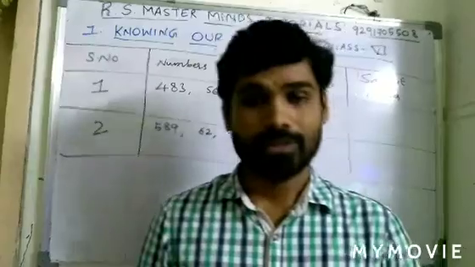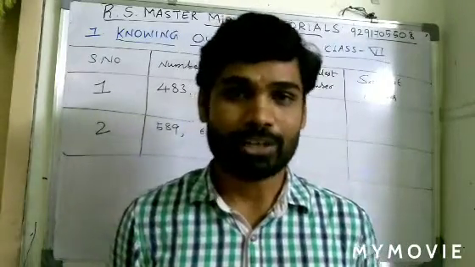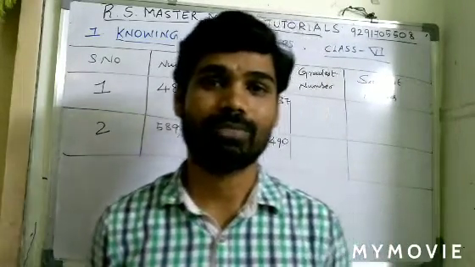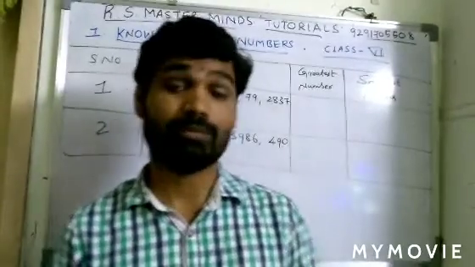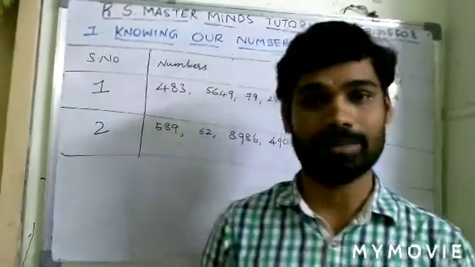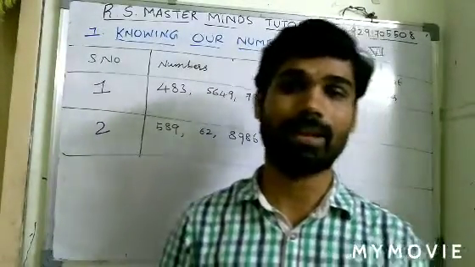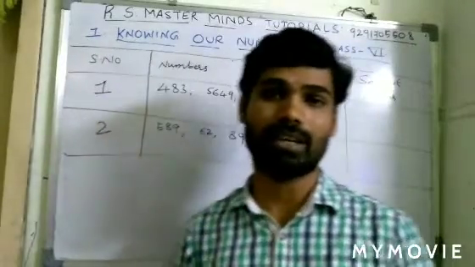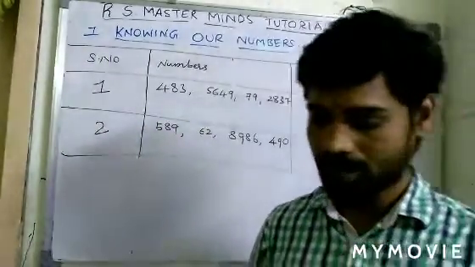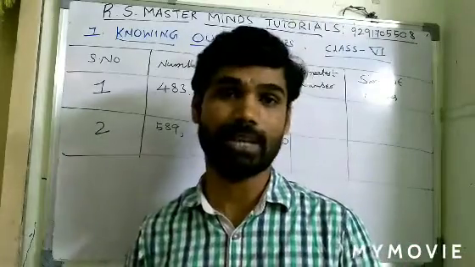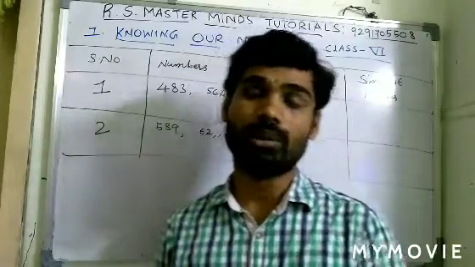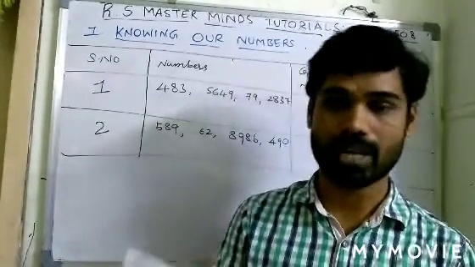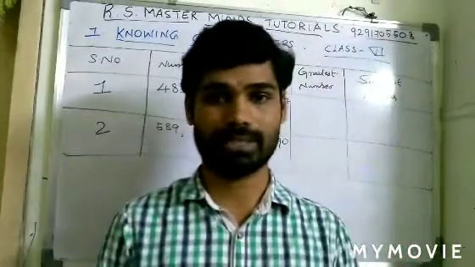So first of all, congratulations on successfully completing your primary classes, and now you have started the high school level. In this, the first chapter is Knowing Our Numbers. Which you have learned previously: natural numbers, which start from 1, 2, 3, and so on.